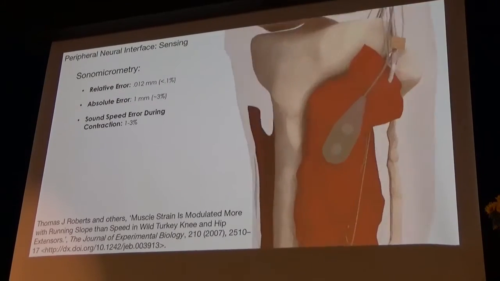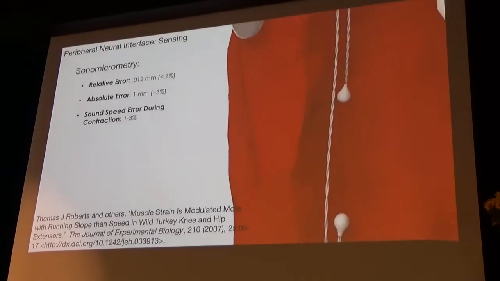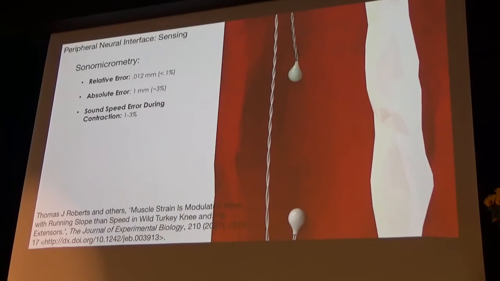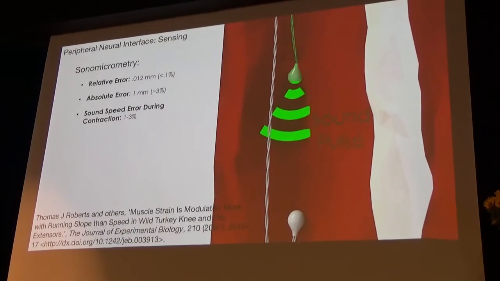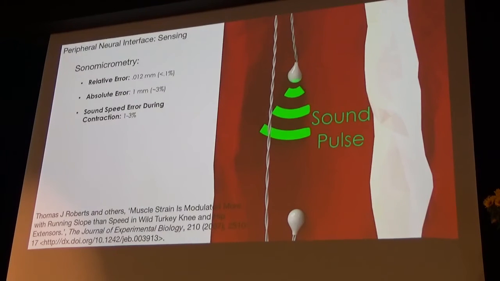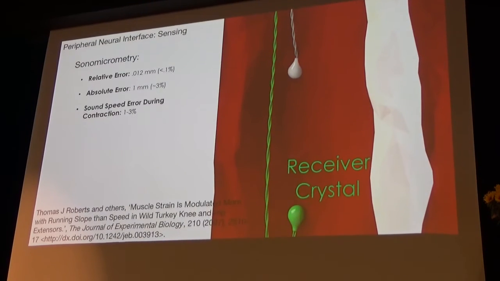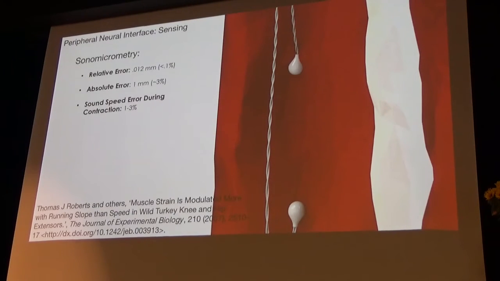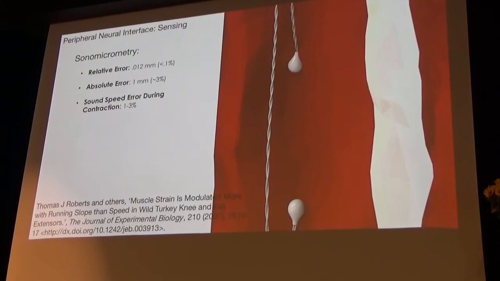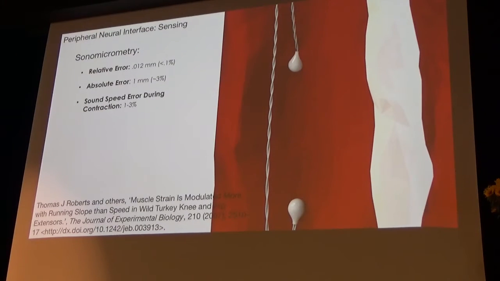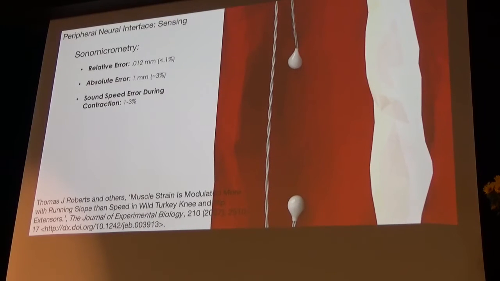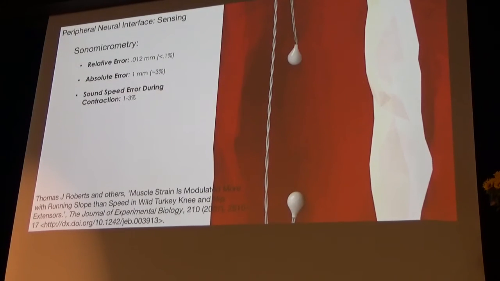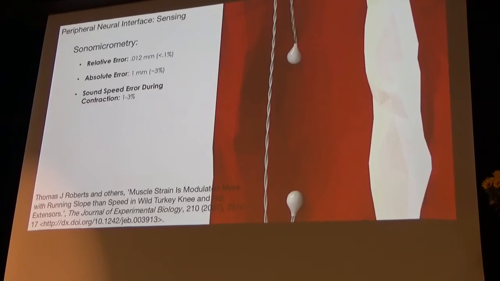And we're doing that by putting crystals in the muscle. Sonomicrometry has been done in the realm of biomechanics for decades. You have a crystal pair that you put into muscle. You pulse one crystal, and a sound wave is sent down the muscle and vibrates its partner crystal. If you know the speed of sound in muscle, and you know a clock, you can measure muscle length and muscle speed.